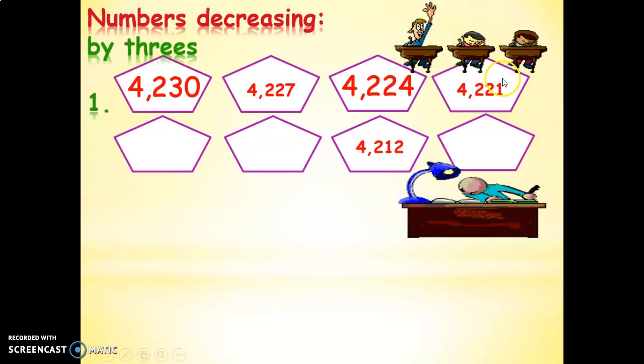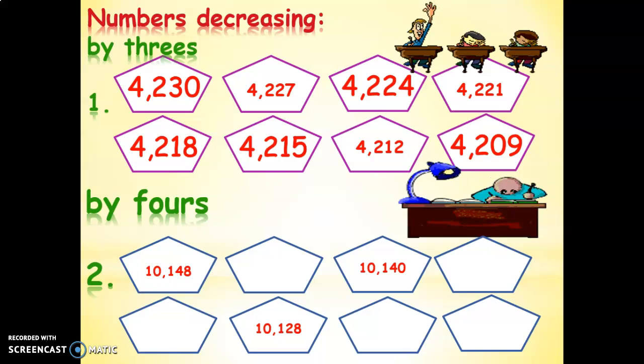And then you have 4,221. Minus 3 gives us 4,218. Minus 3 again will be 4,215. Decreased by 3 is now 4,212. And the last answer is 4,209. Let's see the answers for numbers decreasing by 4s.